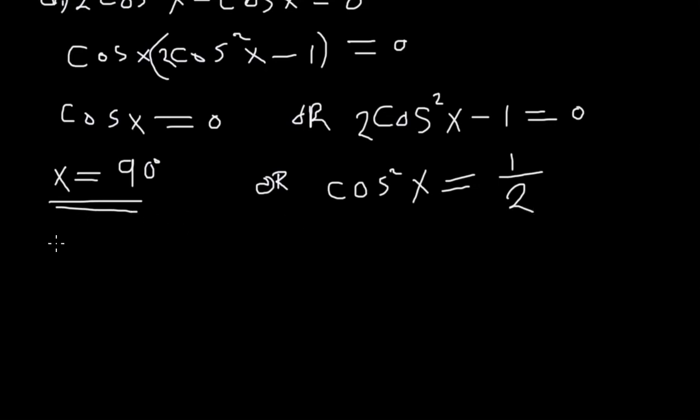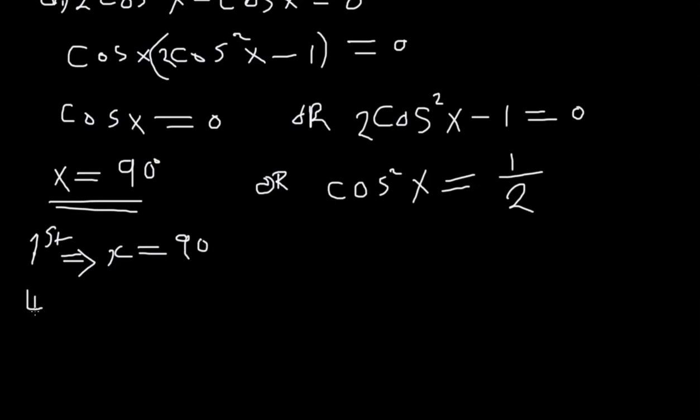By the way, you know that cos lies in the first and in the fourth quadrant. So in the first quadrant, you find your value of x to be the same 90 degrees.